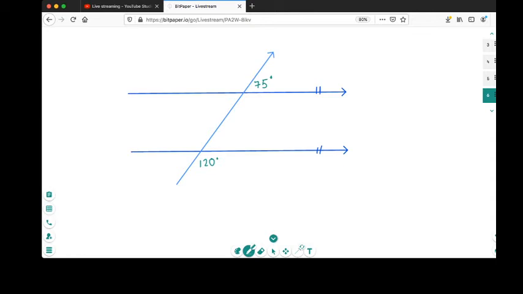Well, based on the rules we've learned so far, there are so many different ways that we can solve this particular problem. First and foremost, if we want to solve it using the opposite angles rule, then I would know that this angle is going to be the same as this angle. So then this angle here is also going to be 75 degrees.